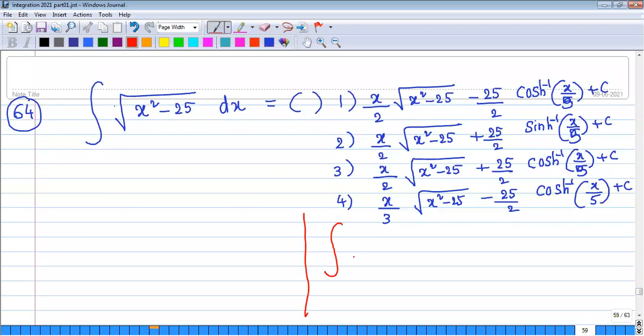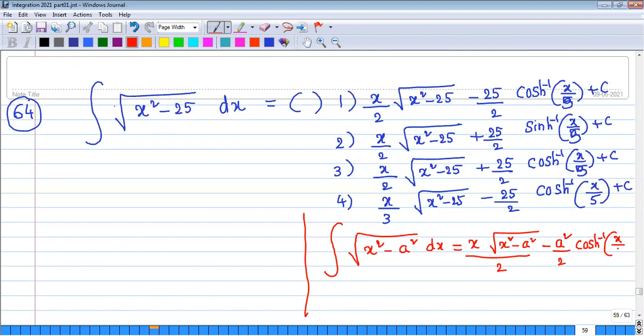This is one of the standard formulae: integral root of x square minus a square dx equals x root of x square minus a square upon 2, negative this time, a square by 2 cos h inverse x by a, plus constant of integration.